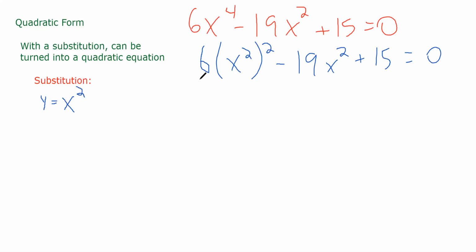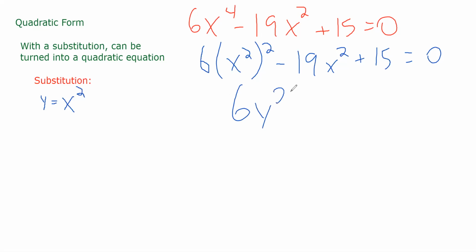And look what happens when we do that. We're going to end up with 6y, and now the y takes care of the x squared inside the parentheses here. But there's still a square even outside of that.